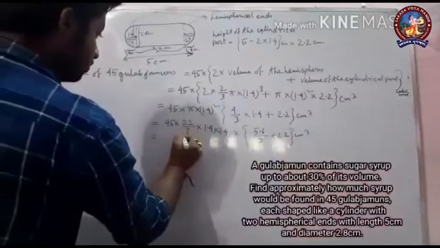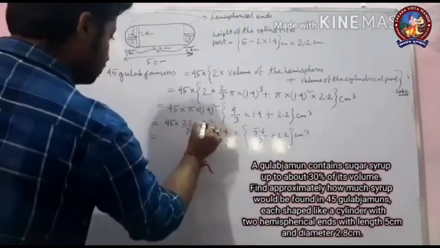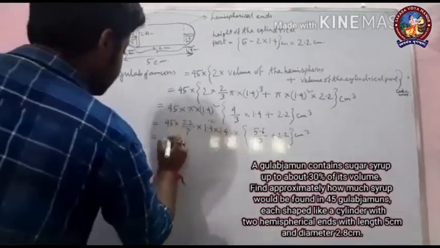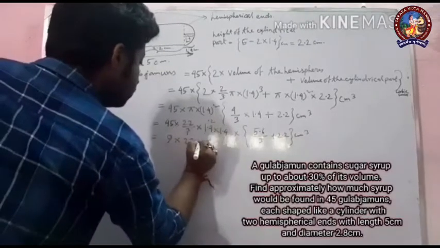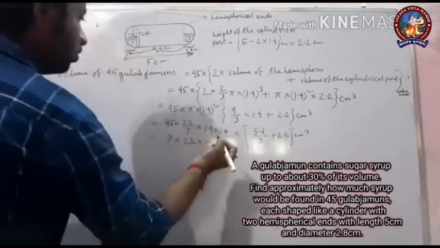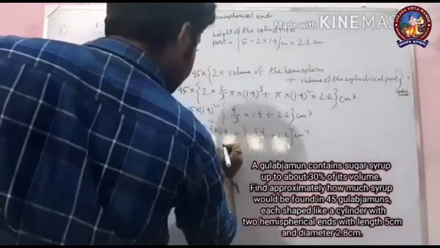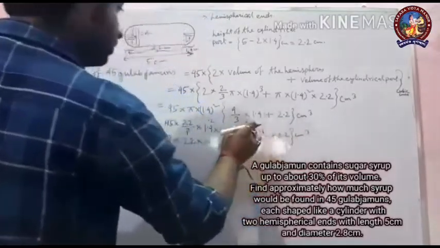Now 45 into 0.2, that is 9, into 22 into 1.4, and this will become 6.6.